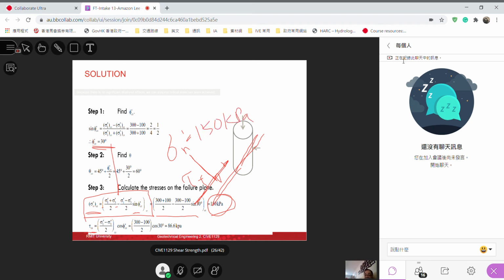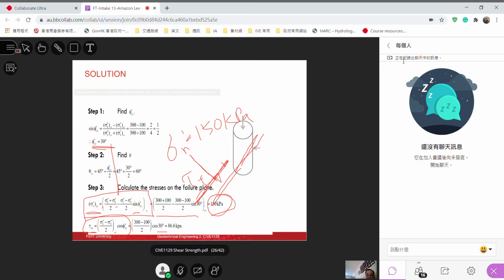And then the shear stress at failure. We have this equation we discussed before, with major principal stress, minor principal stress, and angle of friction. So major principal stress 300 minus minor principal stress 100, divided by 2, times cosine of the angle of friction, which is 30 degrees.